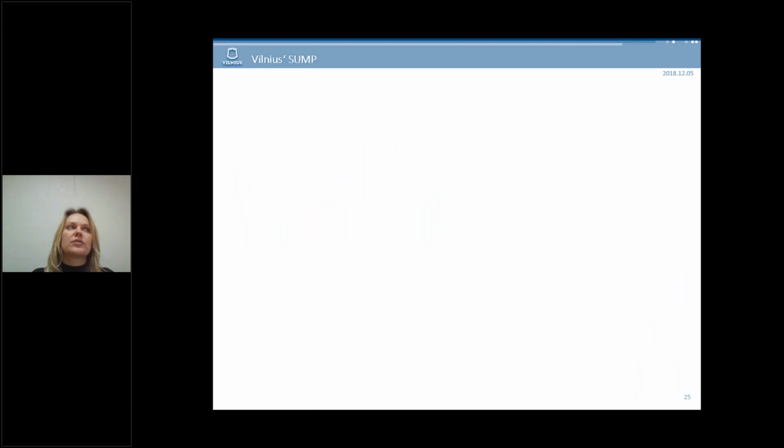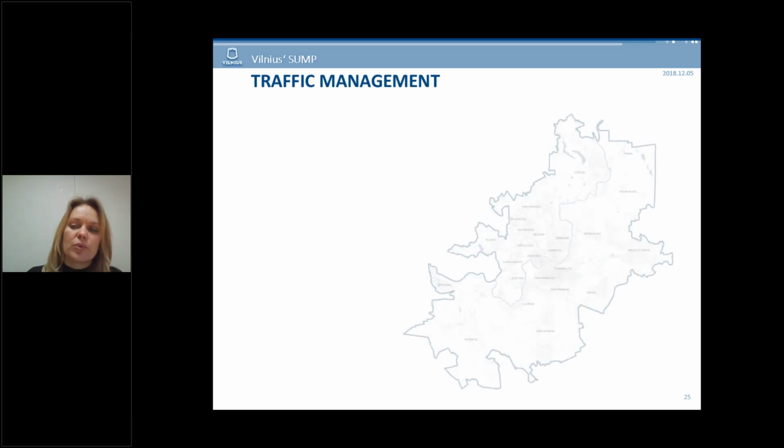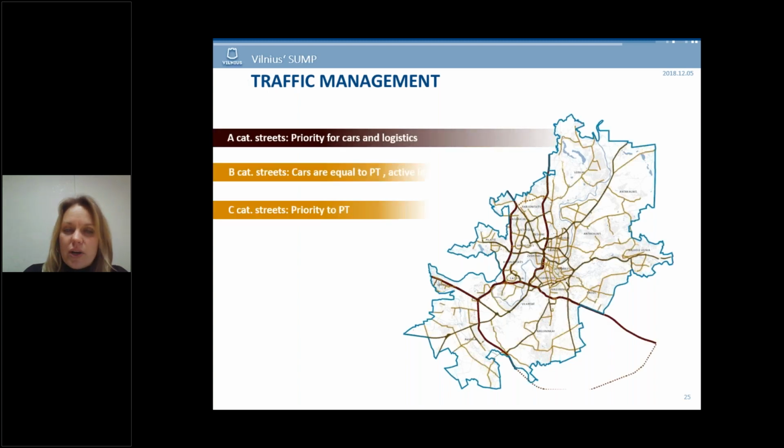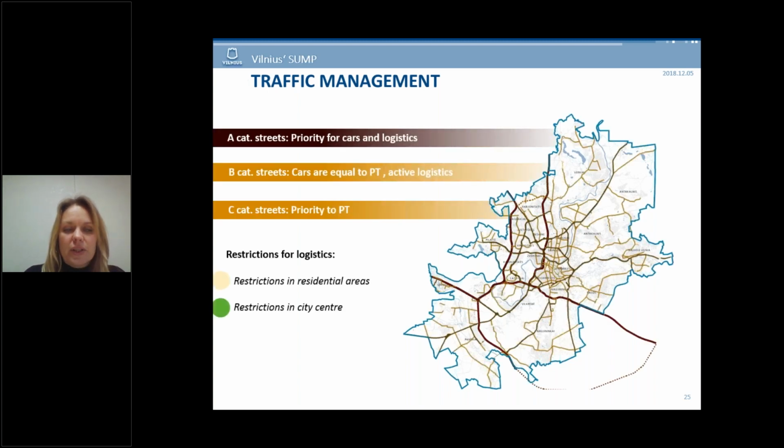So that was our first thing. And then on this structure of the city and the street network, we set all the different connected measures. For example, knowing the street network and our zones, we could set some restrictions, particularly for urban freight and for speed in some residential areas in the city center.